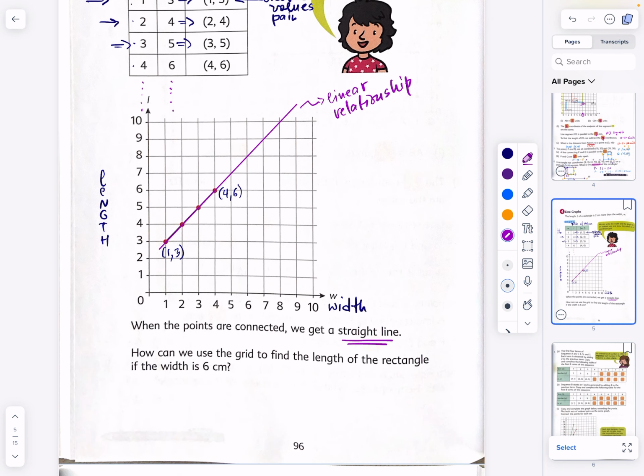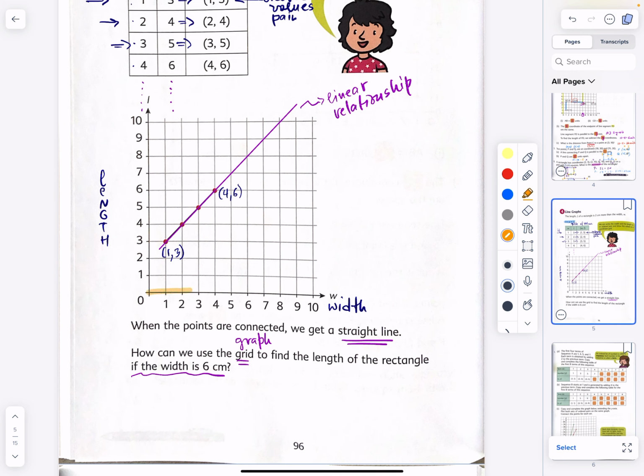How can we use the grid, or we can say the graph, same thing, to find the length of the rectangle if the width is 6? Well, here is how we would do it. We would first identify, start from 0 and go all the way until 6.